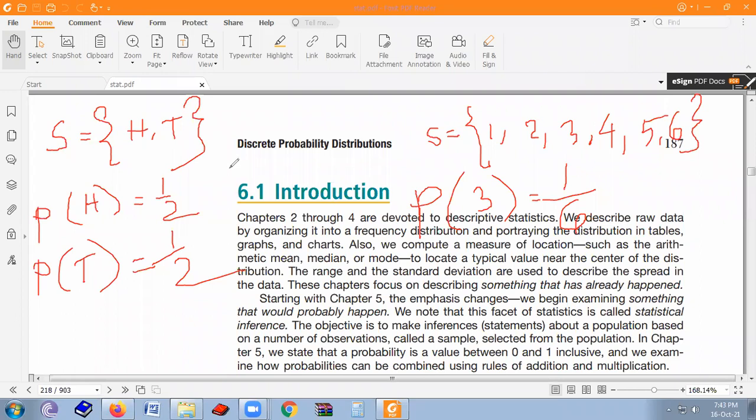So now we have to know about probability distribution. Probability distribution is very easy to learn and easy to construct.